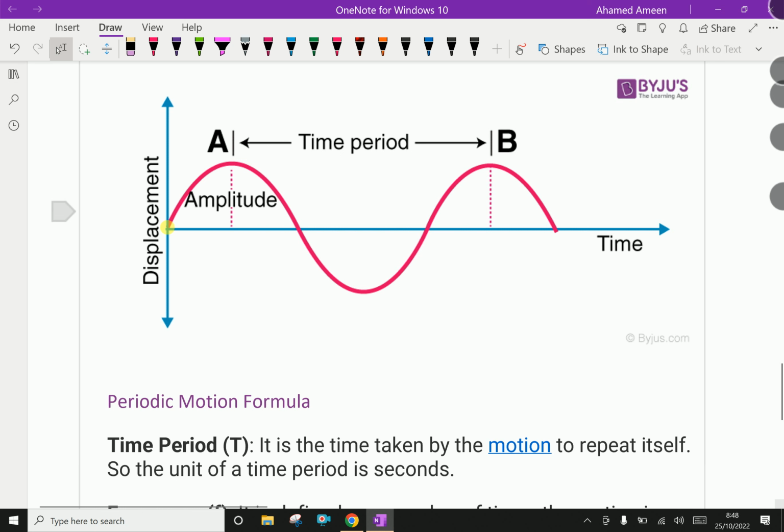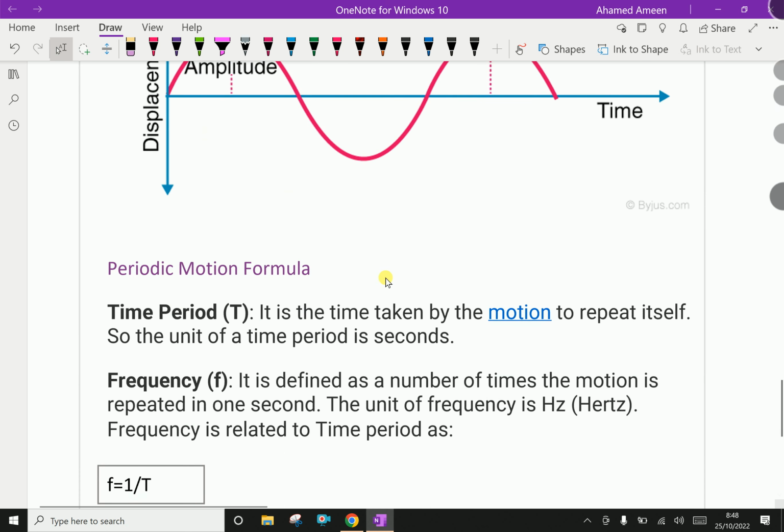That means this position and this position are the same position, like A and B. It is the time taken by the motion to repeat itself. So the time from here to here is called the time period of this wave motion.